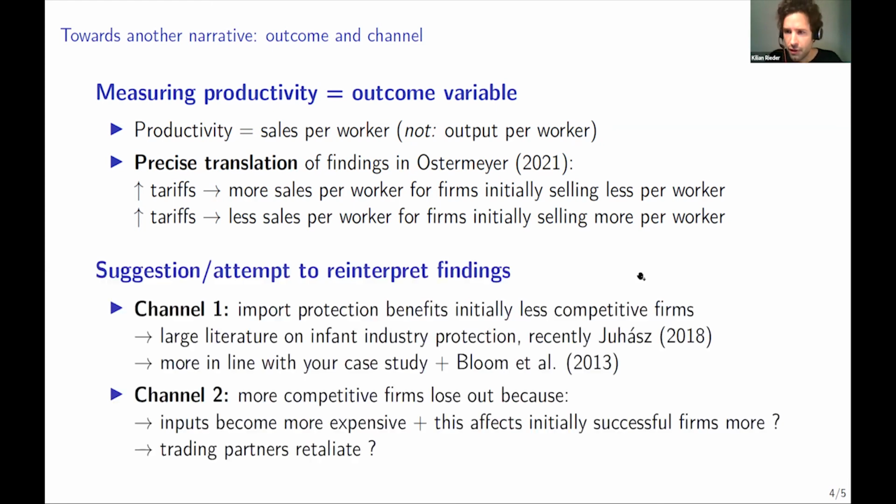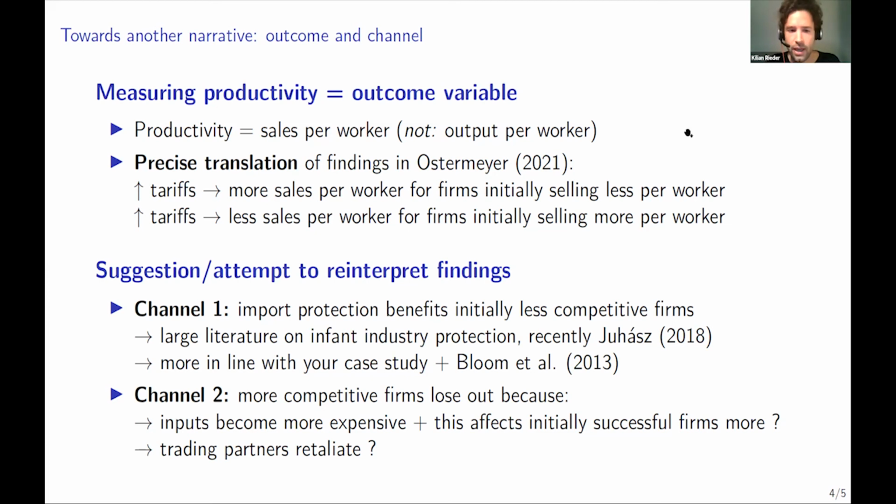If you translate it in that way, it's actually easier to interpret your findings, in the sense that you come back to relatively standard literature or a standard theory that you can use in order to think about what you find.